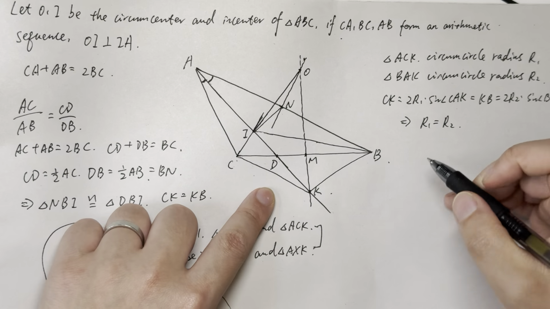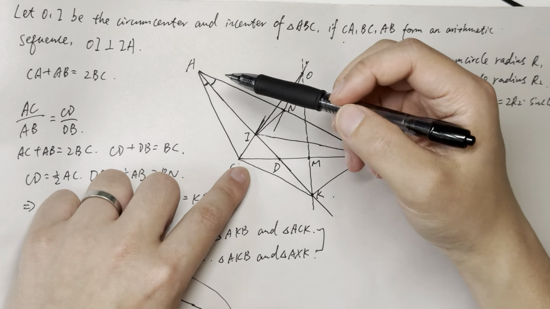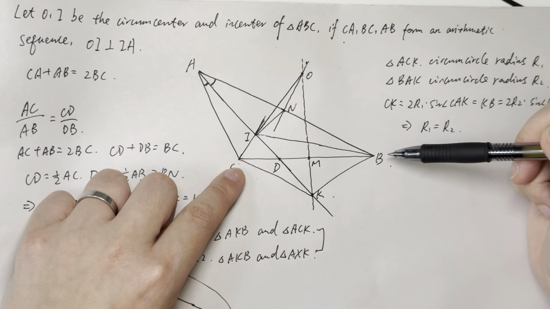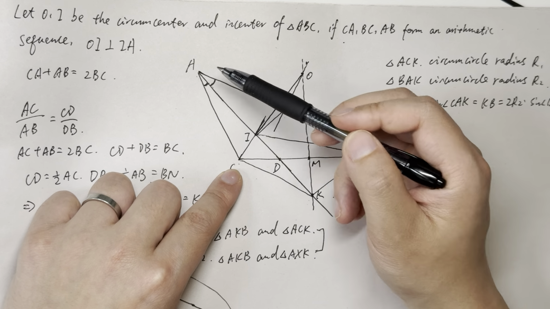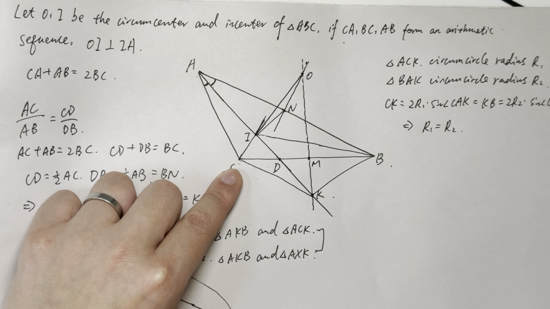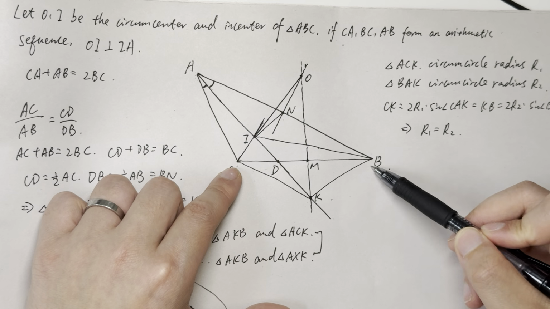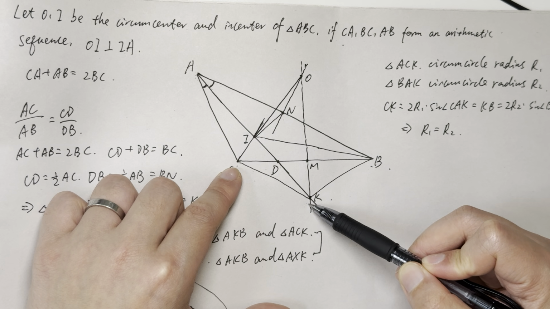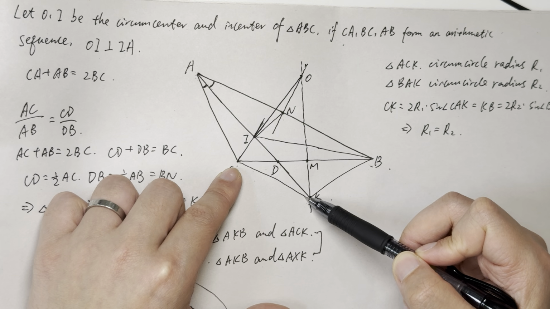That means, based on that, we know that triangle ABK and triangle ACK share the same edge AK. That means the circumcenter of triangle ABK is on the perpendicular bisector of edge AK, right?